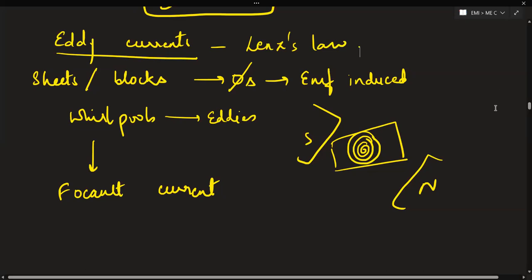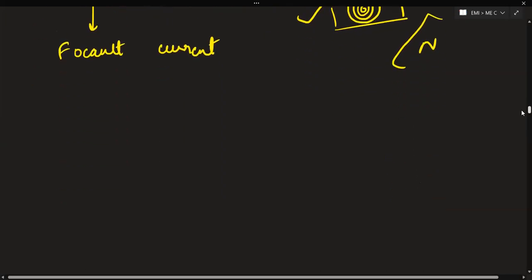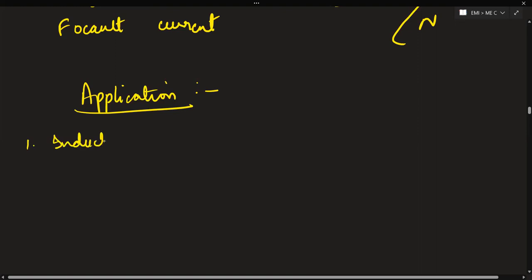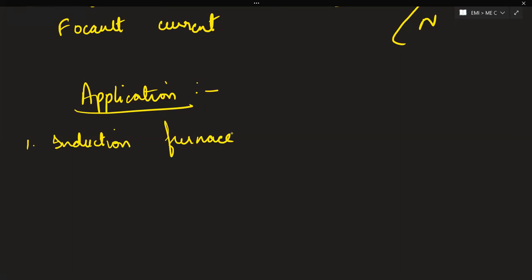And one or two things that you should remember are regarding their applications. Eddy currents are used in the induction furnace. Whenever a metal specimen is kept in a rapidly changing magnetic field, large eddy currents can be produced.